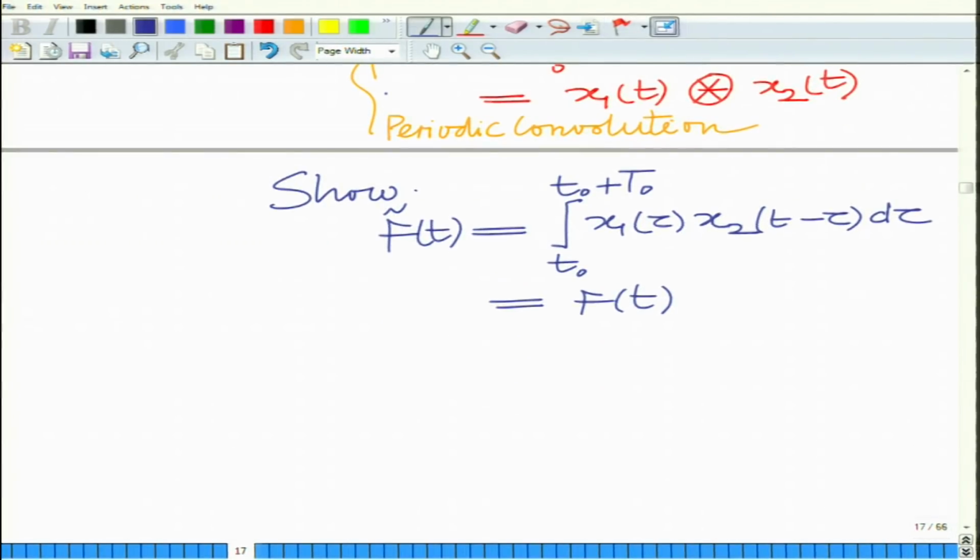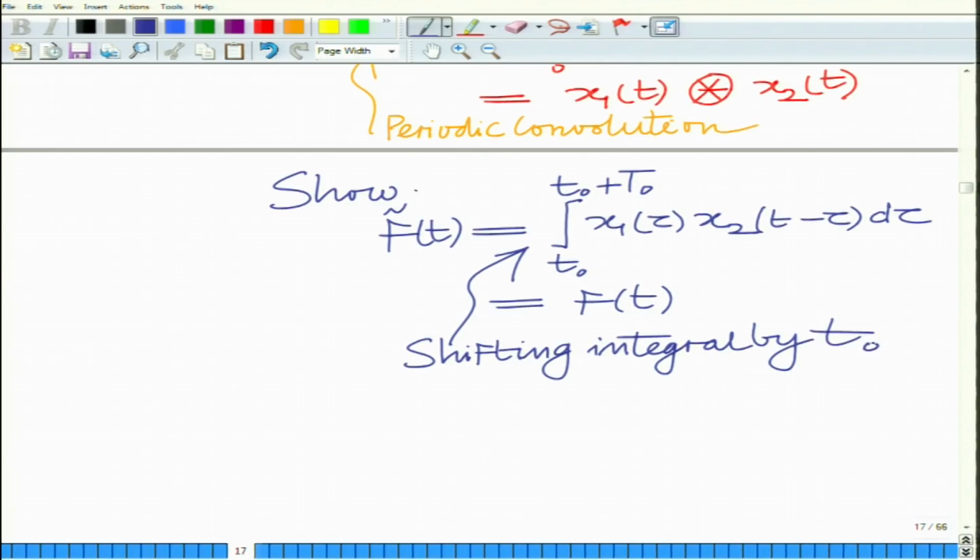That is, you are shifting the integral by t naught, any arbitrary value small t naught. Okay. Now, the solution can proceed as follows.